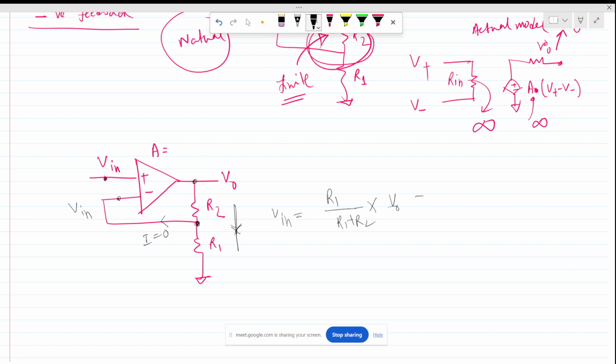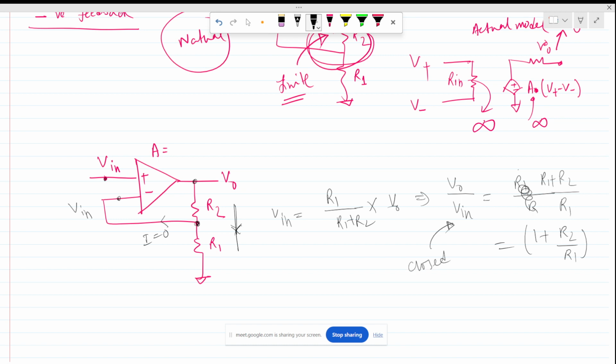Now if we calculate V out by V in, it is R1 plus R2 divided by R1, and this is nothing but 1 plus R2 by R1. This gain is called the closed loop gain.